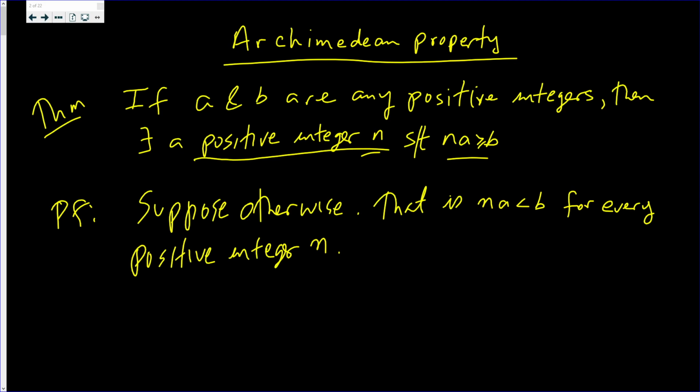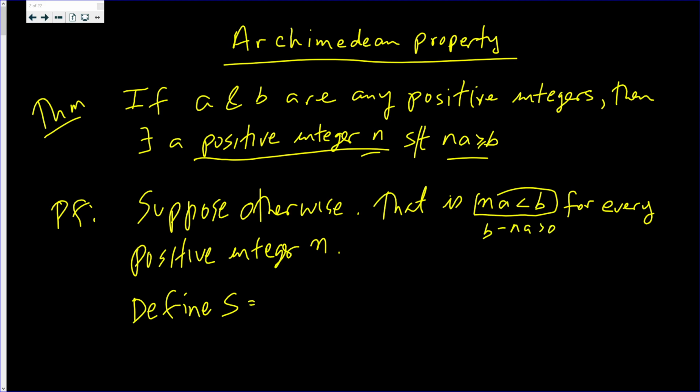Okay, so what we do at this point is build up a contradiction. So we define the set S. Now, if you have this, then b minus na is always positive.